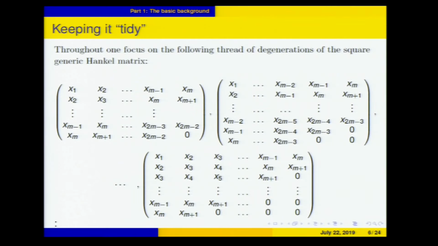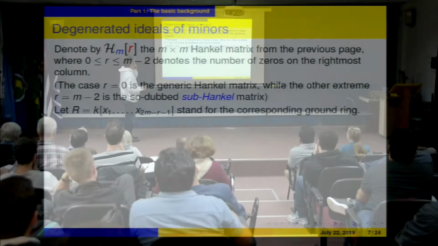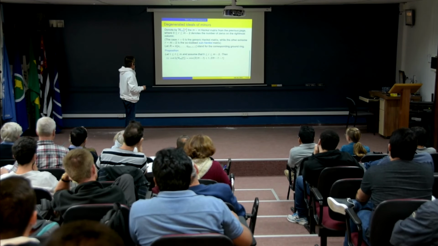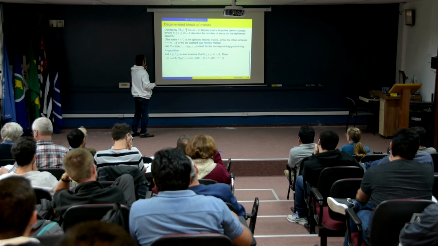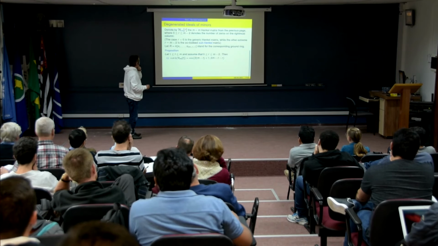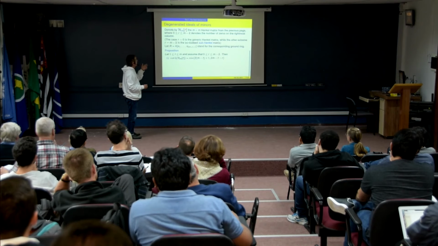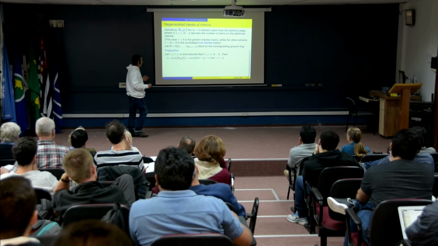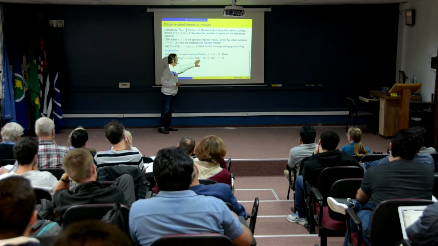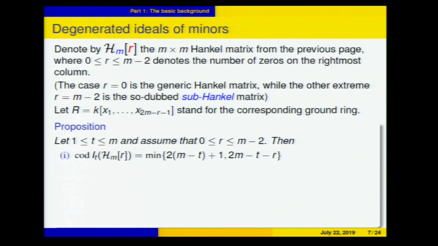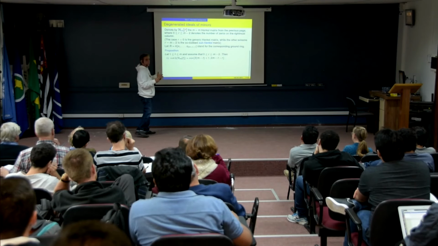You don't want to consider it. Okay, so first thing is the codimension. For any ideal of t-minors, you have this as a minimum of these two. This one is the one in the generic case, and this is the one that accounts for the R. So it's a minimum of the two.